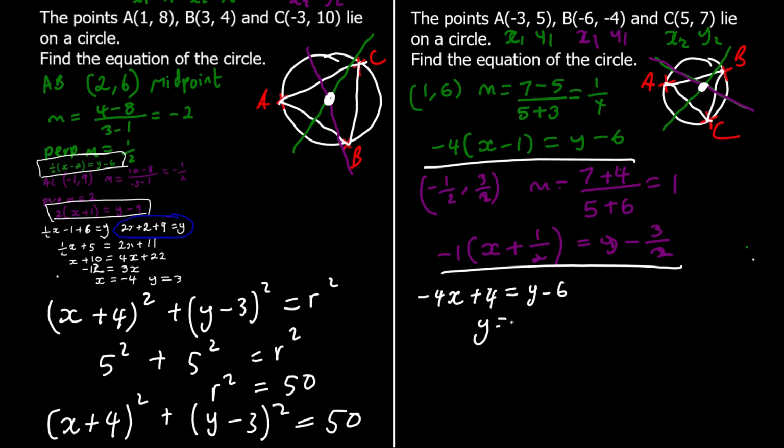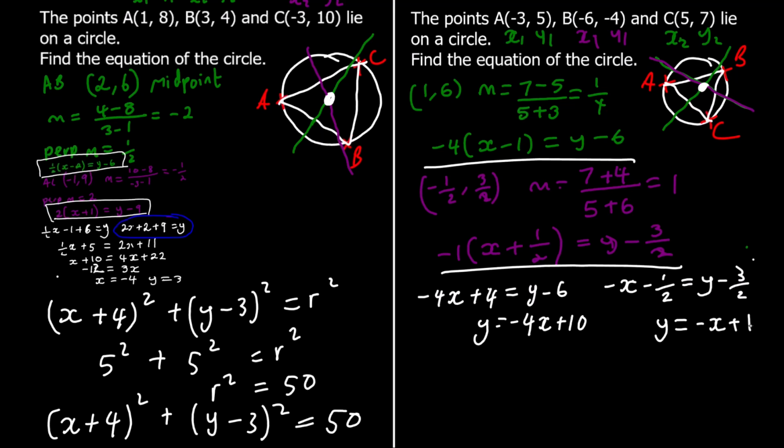So y is -4x plus 10. And the second one, we've got -x minus 1/2 equals y minus 3 over 2. Add 1.5 to both sides. So y is negative x plus 1.